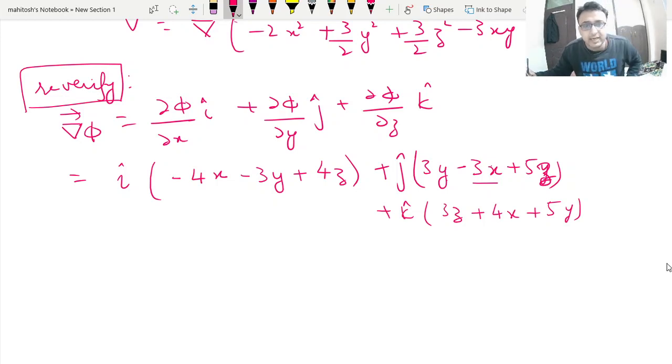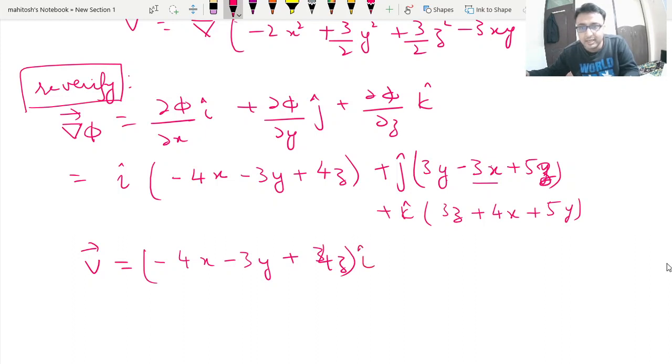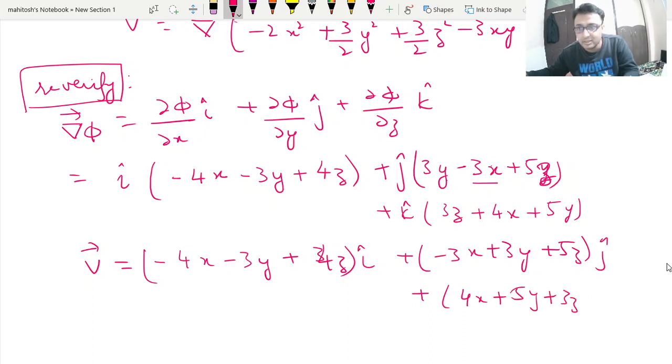Now we can also write this, which is given normally in all of the books. That is, you can write this as v is equal to minus of 4x minus 3y plus 4z i cap plus minus of 3x plus 3y plus 5z j cap plus 4x plus 5y plus 3z k cap.